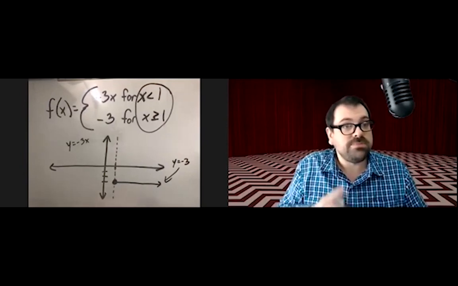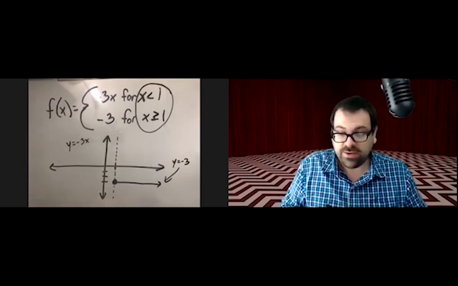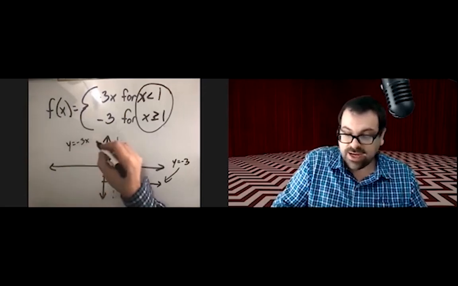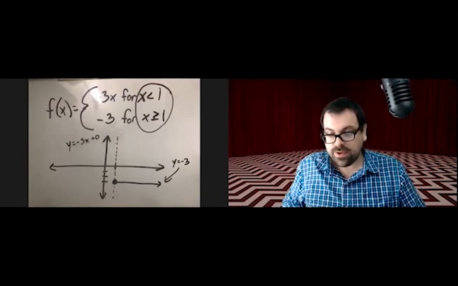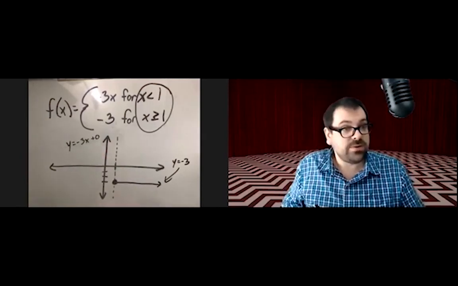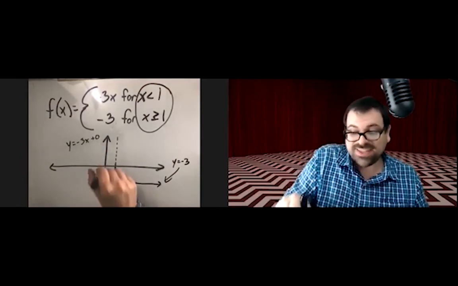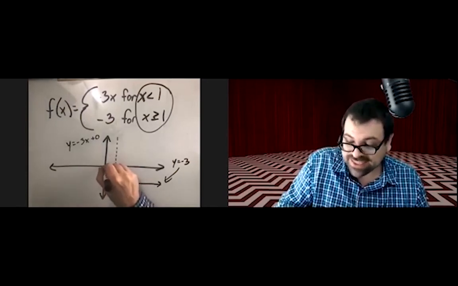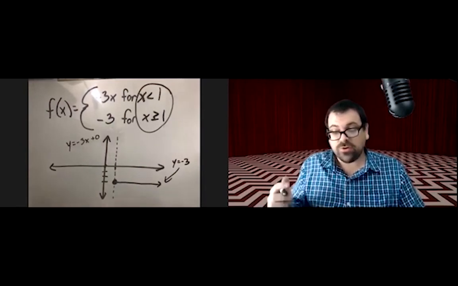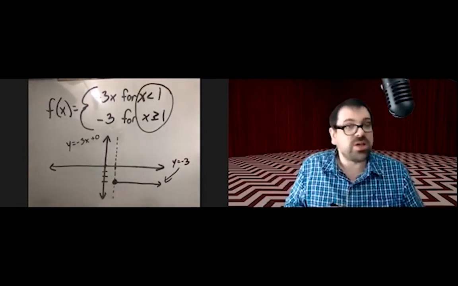Y equals mx plus b. We know how to graph that. So this is like y equals -3x plus 0. That means the y-intercept is 0. The y-intercept's on this side of the graph, the side we need. That's fantastic.